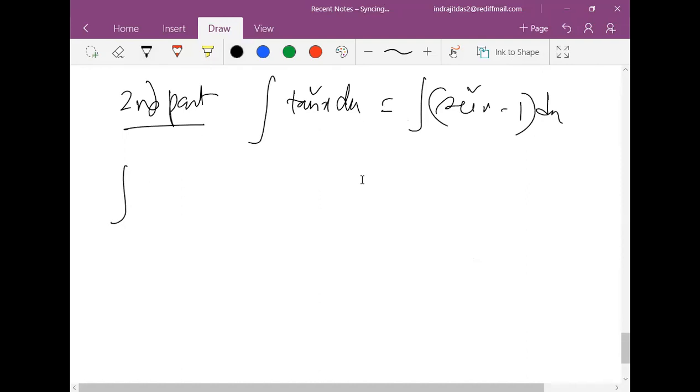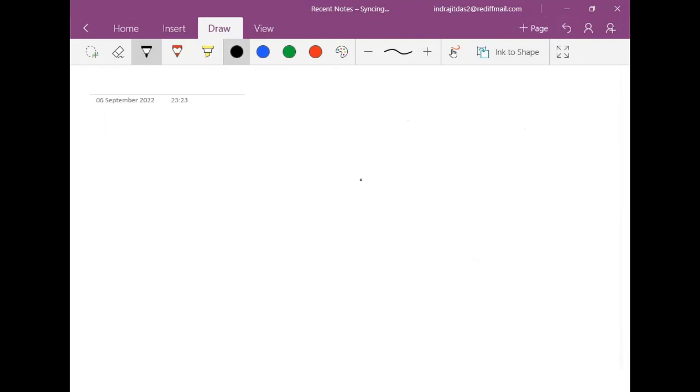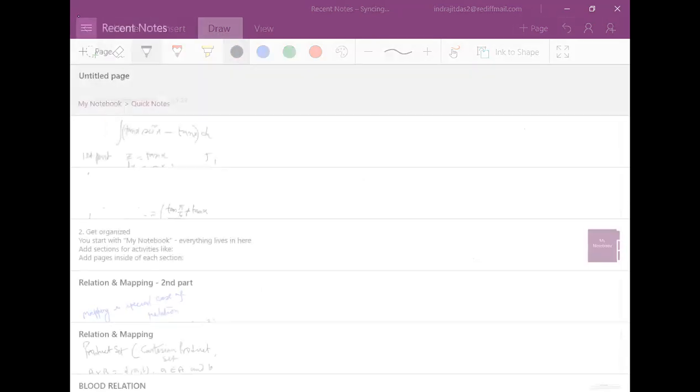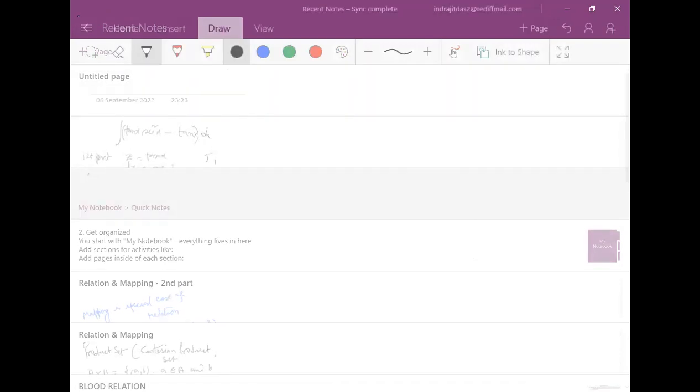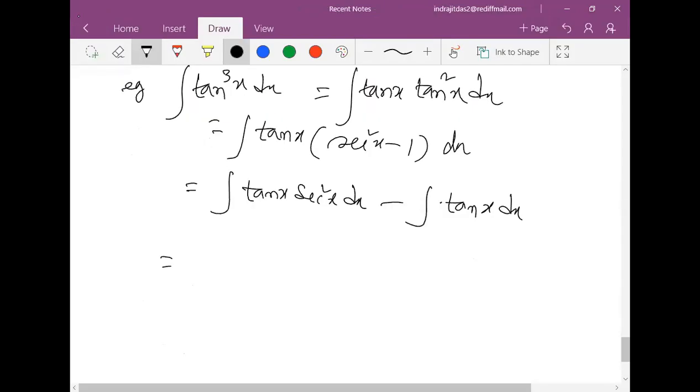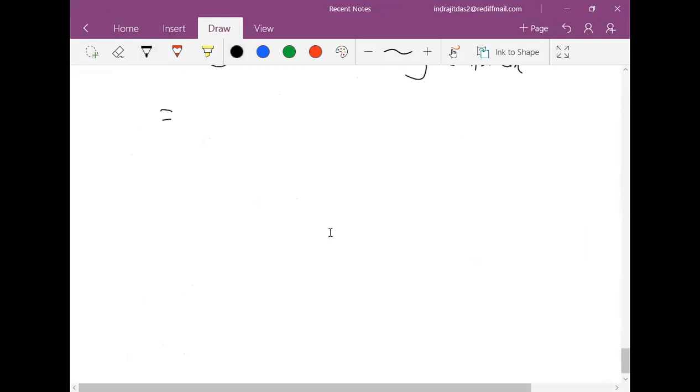So tan to the power 4x, what will be the idea? Tan to the power 4x, how will we be adjusting? Oh sorry, this is not the case.